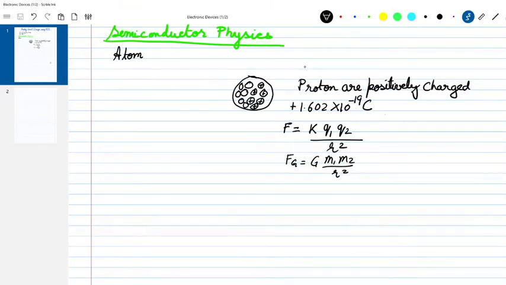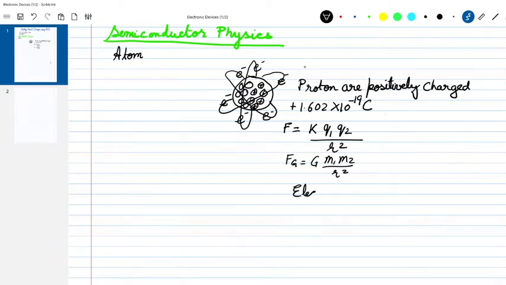According to Rutherford's model, there are electrons which are going around in pairs in these orbitals. So I'm going to have 3 orbitals here like this, to account for 6 electrons. The number of electrons is 6, the number of protons is 6.